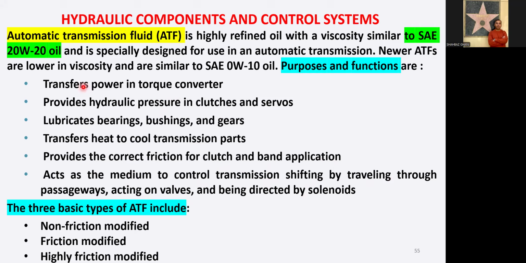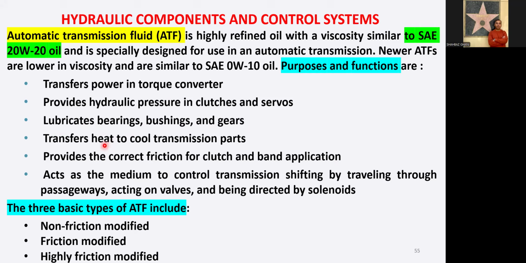So the first important purpose or function of automatic transmission fluid is that it has to transfer the power which is generated in the torque converter. Then it provides the hydraulic pressure in the different parts, that is clutch and servo. Basically, it's an automatic transmission fluid and it possesses viscosity, so it has to lubricate the bearing, bushing, and gears.